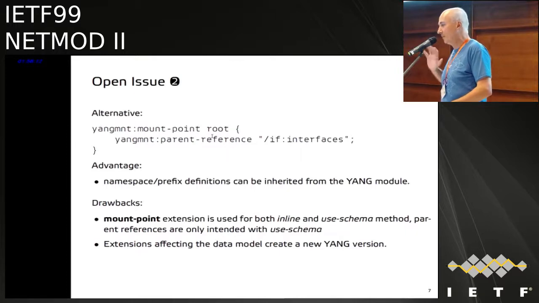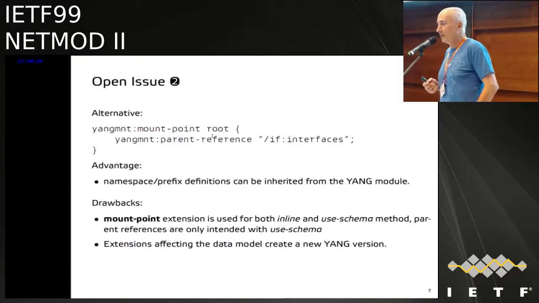So I believe it's okay if we use this mount point as a label in a Yang module and then define everything elsewhere. But if we do this, it will be, again, not a proper use of extensions, at least in my view.